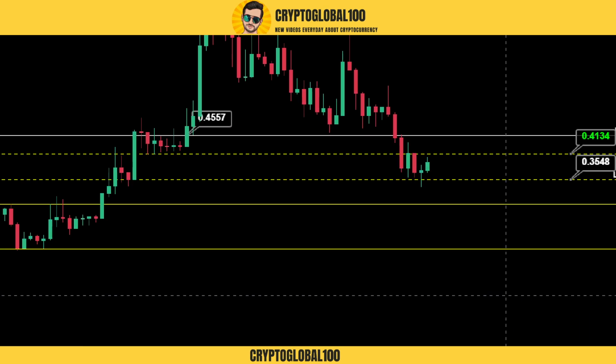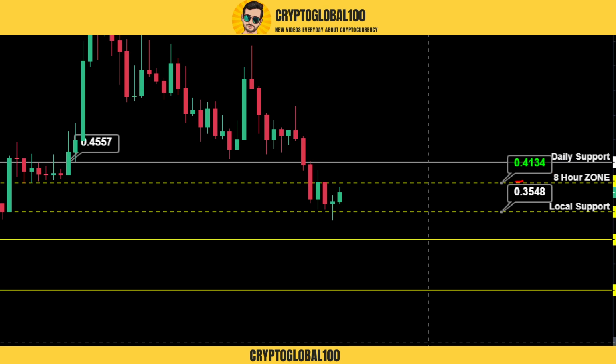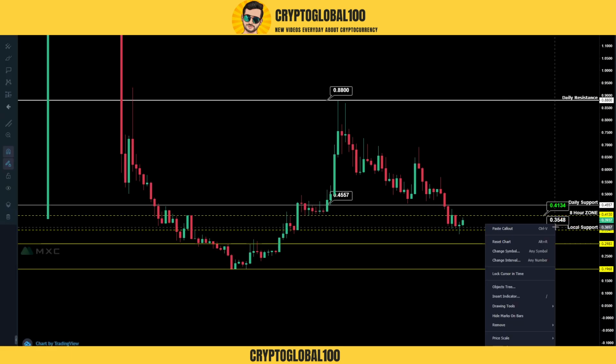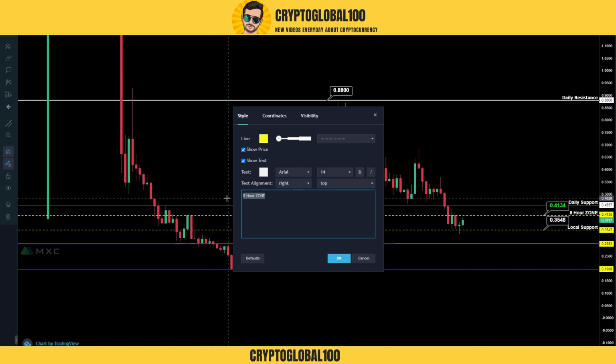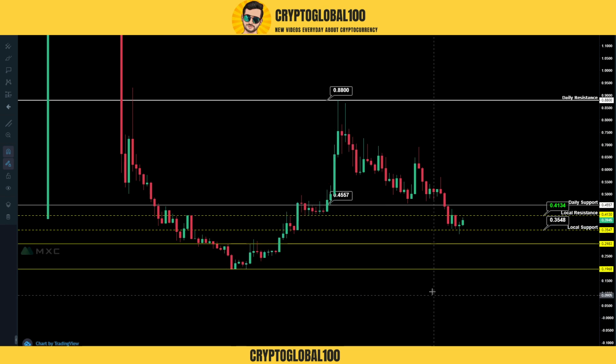Here you see this one is also another good buying zone. Now this is acting as a support, and this is acting as a local resistance. I'm going to rename that one so that you can easily understand the local resistance here. This is a fractal resistance, a small resistance.